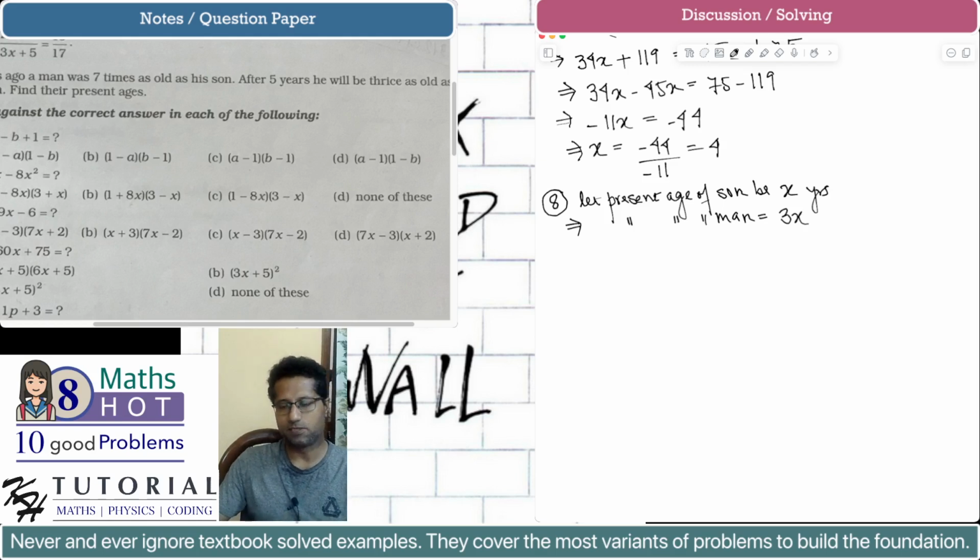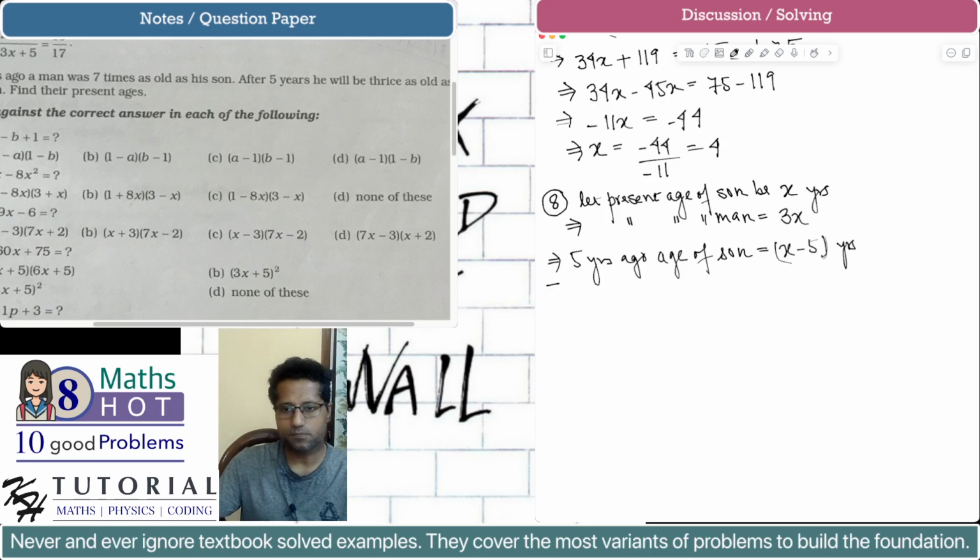So we have assumed the present age of the son to be x years, and from the given information in the problem, we know that the present age of the man will be 3 times the age of the son, so it is 3x. Now let's see what the ages were 5 years ago. 5 years ago, the age of the son will be x minus 5 years.